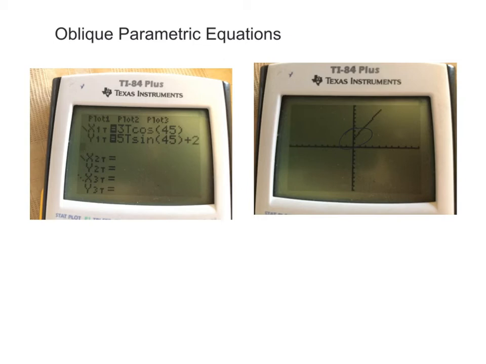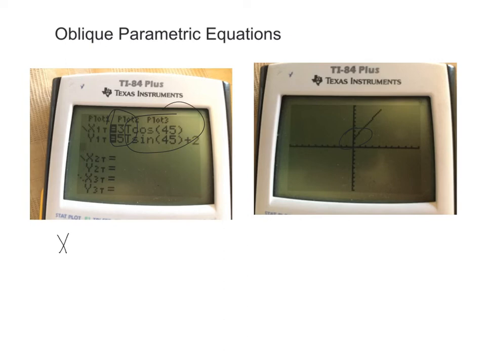This graph does have a slope, and you might be able to imagine what the slope is based on that 3 times t and 5 times t, but also you're going to have to take into consideration that cosine of 45, because the cosine of 45 and the sine of 45 both happen to be the square root of 2 over 2, or 0.707.